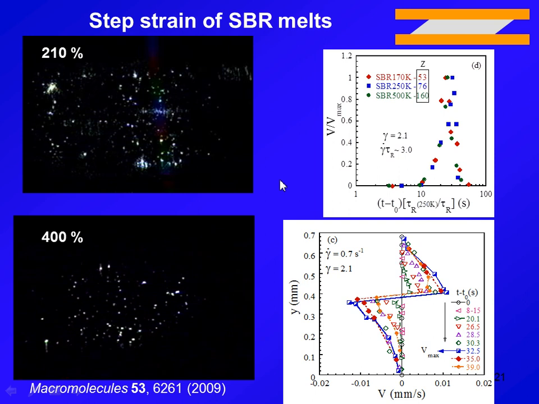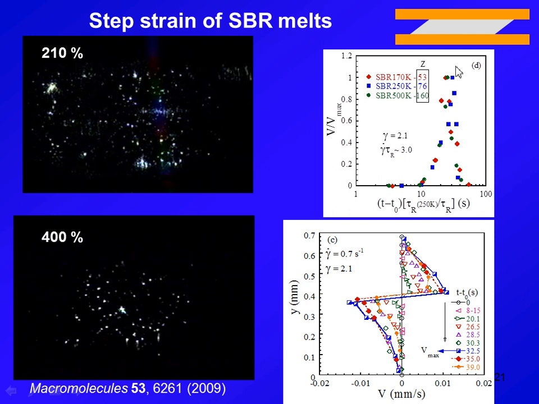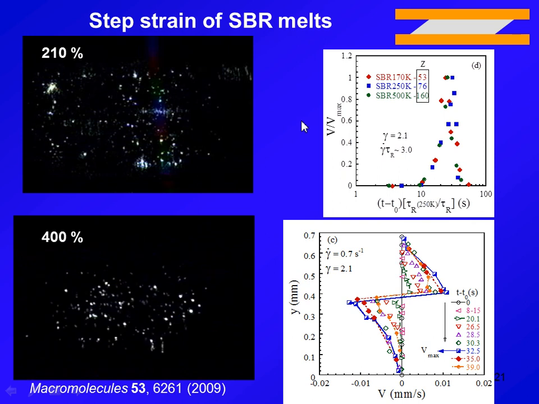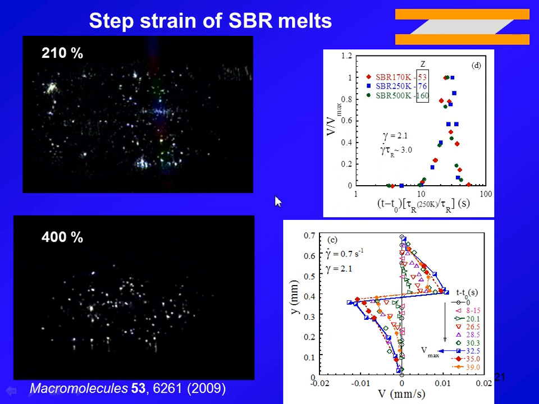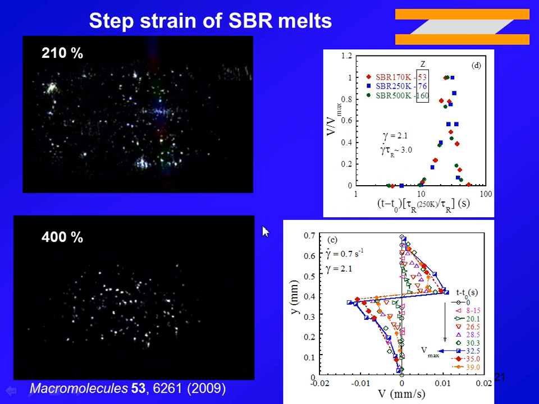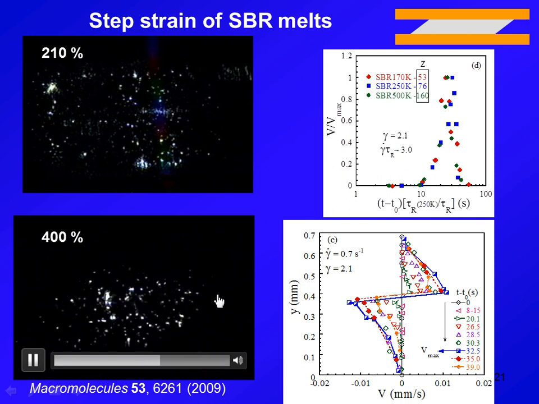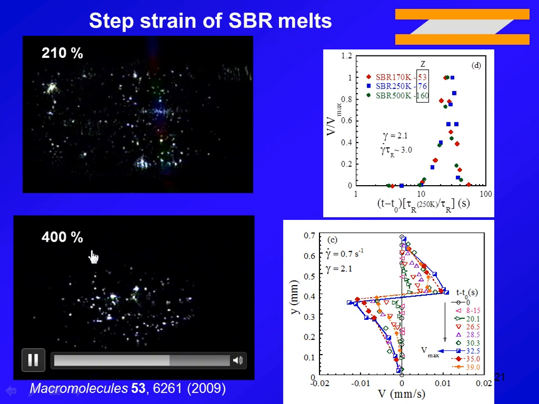And another set of phenomena is even more intriguing and highly unanticipated. That is making the step strain. I showed you a movie in the opening slide of a polymer solution. This is a piece of melt, and you can see this massive, really rupture-like failure if you step strain to 400%.